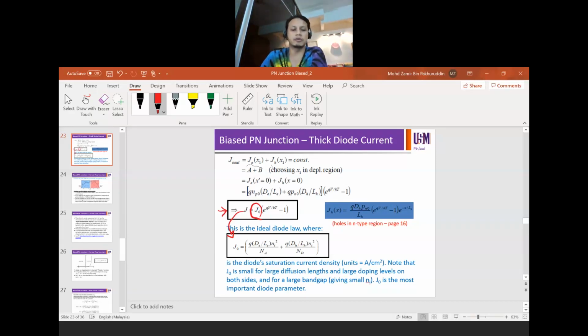To minimize J naught, you can design your device with large doping levels and large diffusion lengths. That means you need to have large NA, large ND if possible.